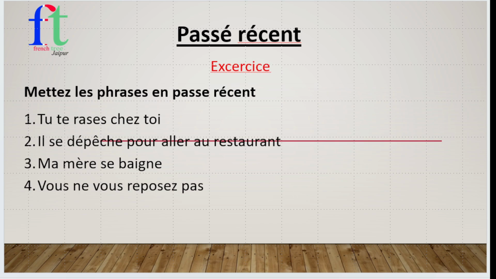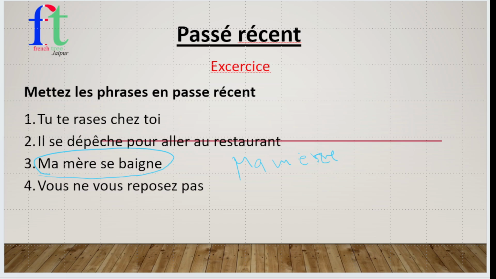Okay, let's have another example. Ma mère se baigne. My mother is taking a bath. Okay, make it into passé récent. Keep reminding yourself of the main rules for forming the passé récent. Ma mère will be ma mère. What is the conjugation of venir with ma mère?